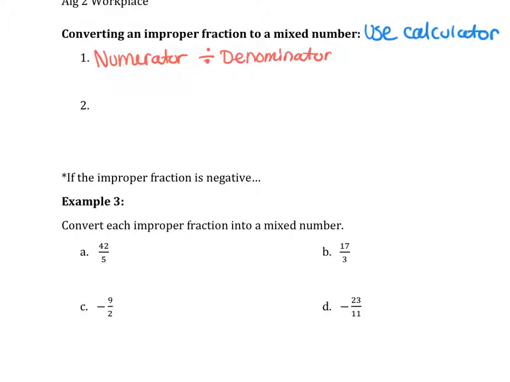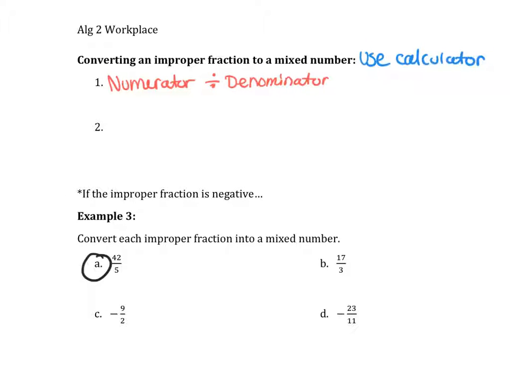And so we're going to use example 3, letter A, as we're going through the directions here. So in your calculator, you would type 42 divided by 5 and hit enter. And then you should end up with a decimal, right? But what is the number in front of the decimal point? 8.